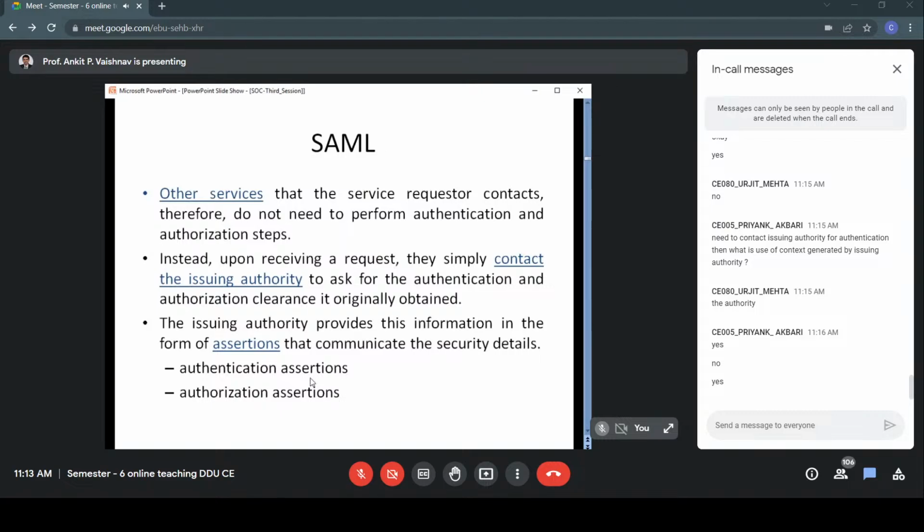There are two types of assertions or XML headers possible. The first is the authentication assertion, which tells you that this is an authenticated service. The second is the authorization assertion, which proves that this is an authorized service.